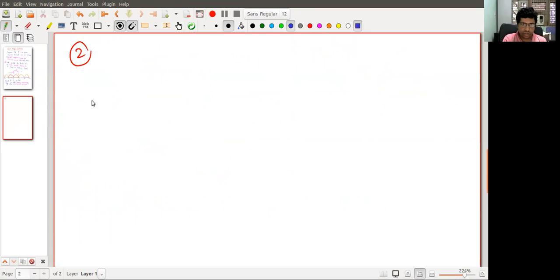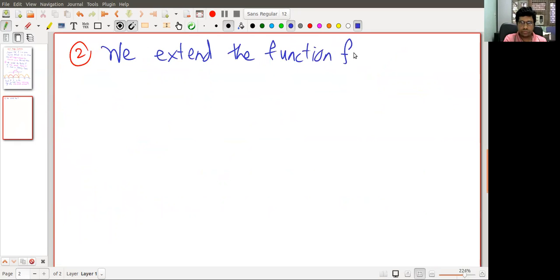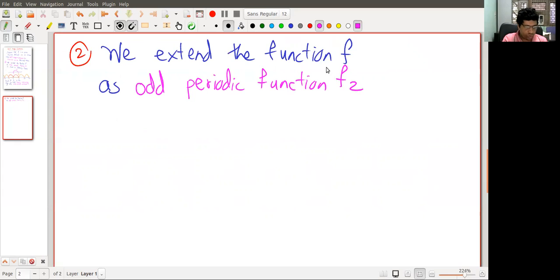We extend the function f as odd periodic function f2, as shown in following figure.